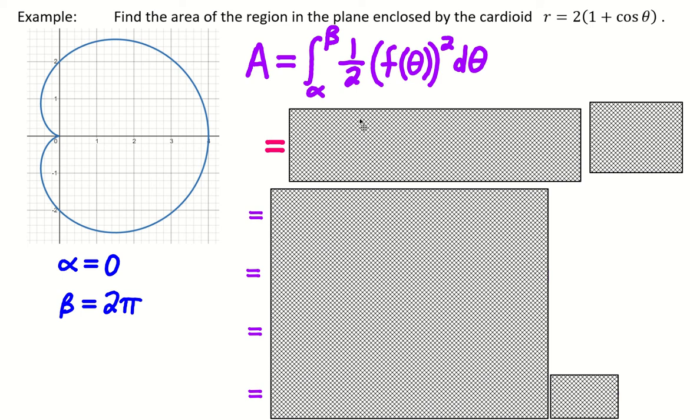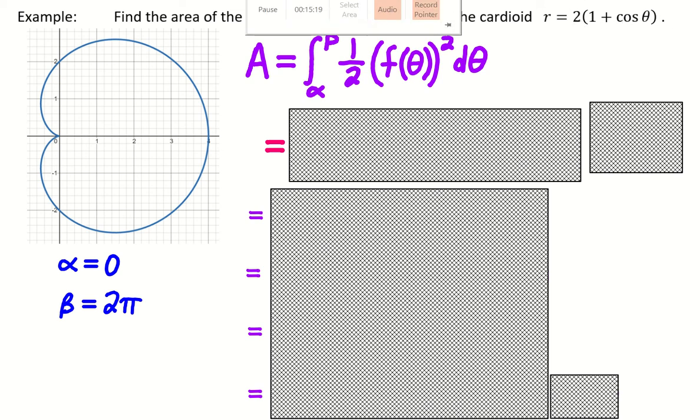But there's no tricks to this. There's no surprises, there's no plot twists. You're just going to take your basic format, your formula, your setup, and remember, f of theta, that's just going to be this. If you want to distribute the 2 here, I wouldn't blame you.